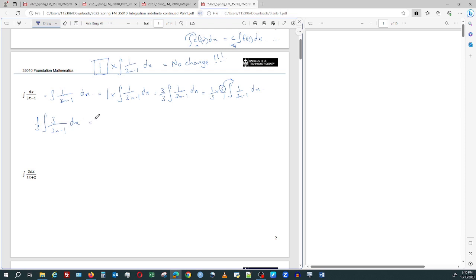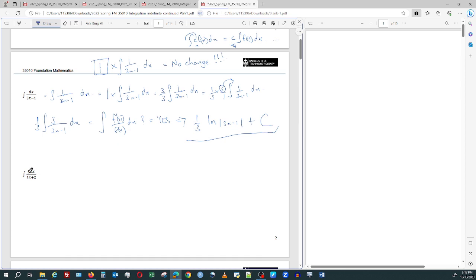Now, is this of the form f dash of x over f of x? And the answer is yes. So we can then substitute. This allows us to write 1/3 the ln of the denominator plus capital C. Now you're going to use this quite a lot in your travels as you go forward into Maths 1. So it's very important that you learn to cope with this whole idea of a 1 multiplier.